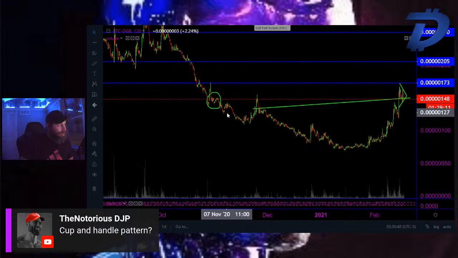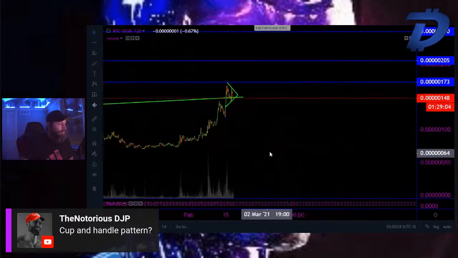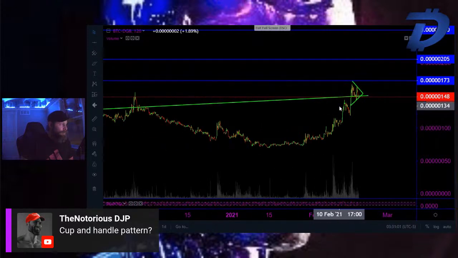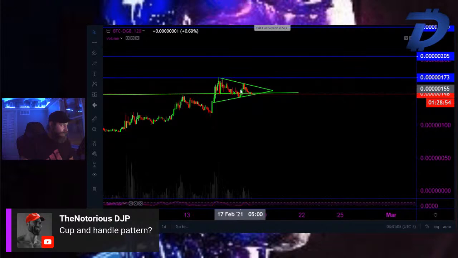Look at that. And it broke out. Just go all the way over. But there is a handle, on the support, you know what I mean? Even closer, you can try to say it is.